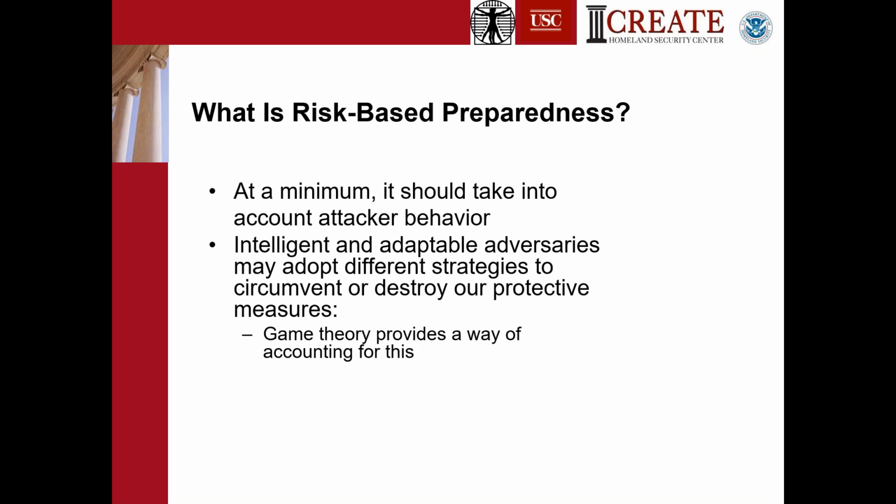If we harden all of the buildings in San Francisco against earthquakes, the earthquakes can't really pick up and move to Houston. They are wherever they are. But a terrorist can certainly choose a different target or a different attack strategy as they observe what defenses we have put in place. And game theory provides a way of accounting for that.